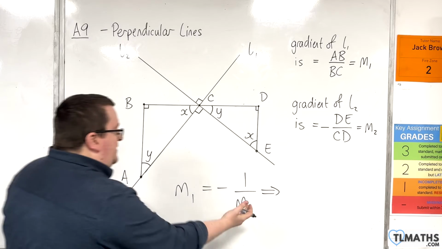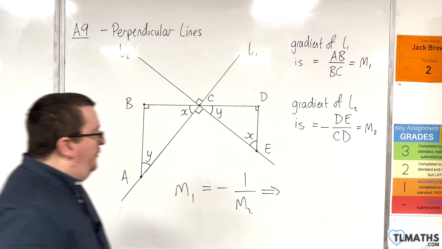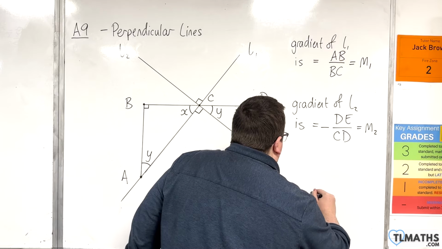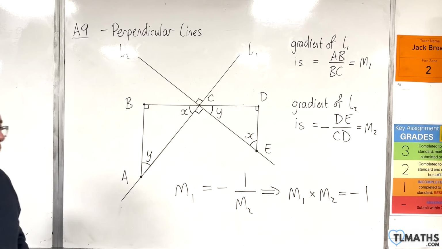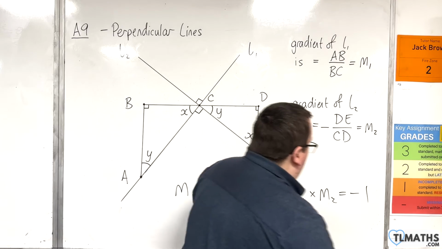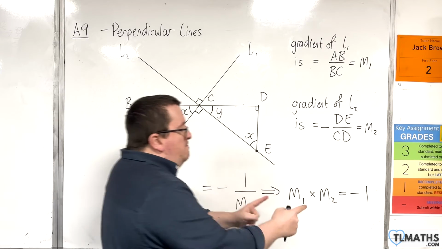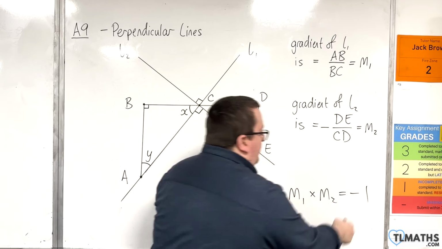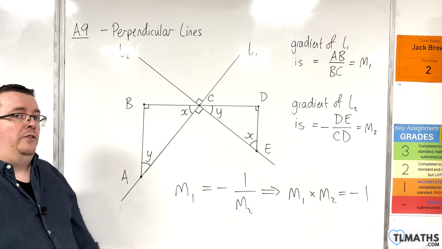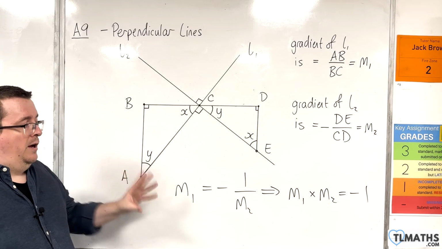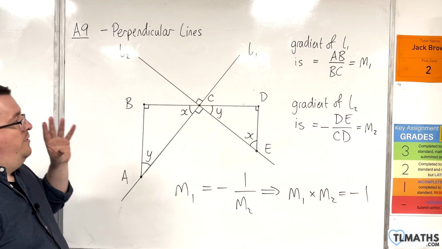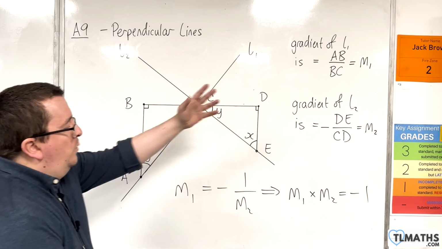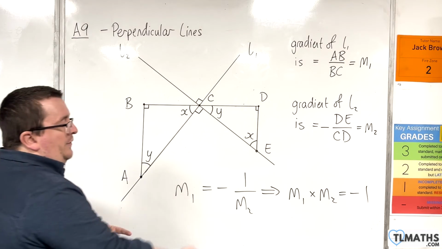What that means is that if you multiply both sides by the M2, we get that M1 times M2 must be minus 1. So if you have your two gradients, if they multiply together to make minus 1, then the two lines must be perpendicular. Okay? So that is how we get to this state of affairs here.